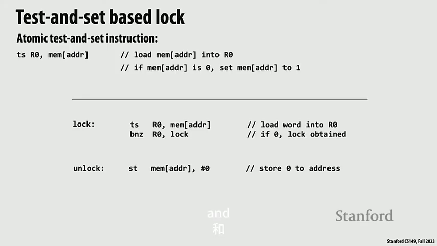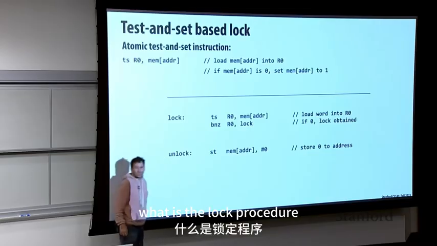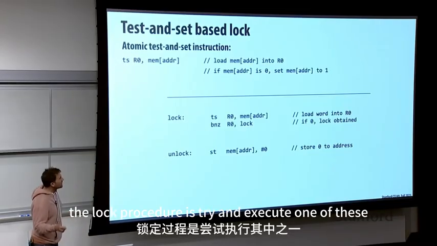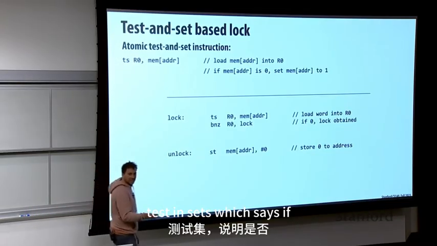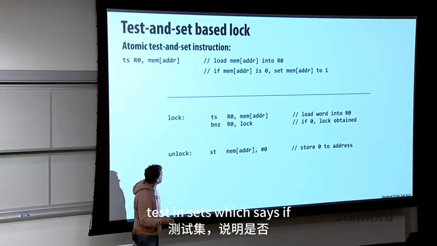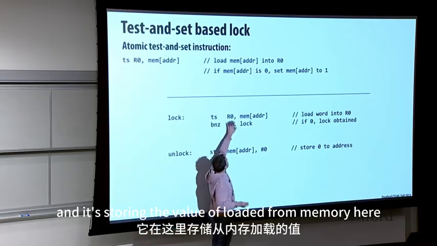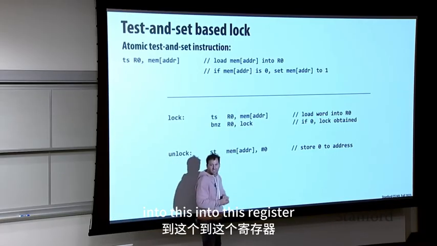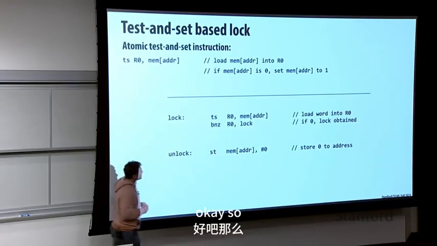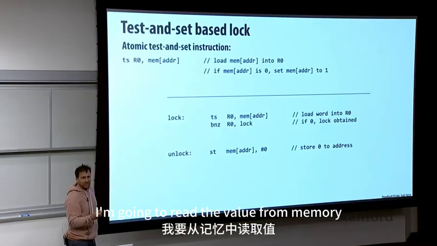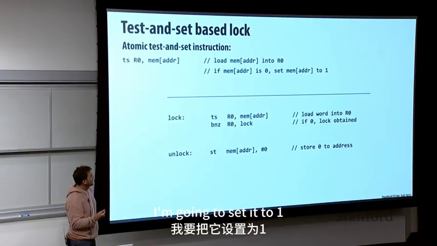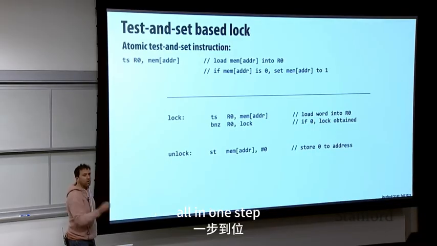Okay. And here, what is the lock procedure? The lock procedure is to try and execute one of these test and sets, which stores the value loaded from memory into this register. So I'm going to read the value from memory, and if it's 0, I'm going to set it to 1, all in one step.